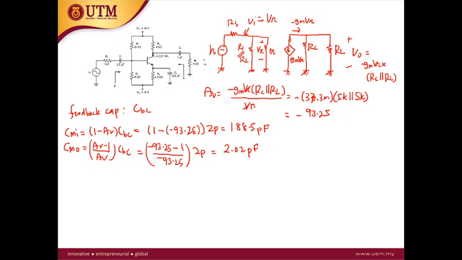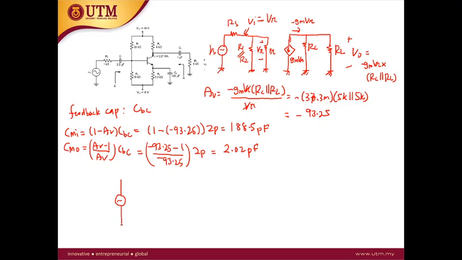Now the CBC is replaced by the CMI and CMO. So you draw the equivalent circuit at high frequency. You can start from the mid-band equivalent circuit, and then add the capacitance.